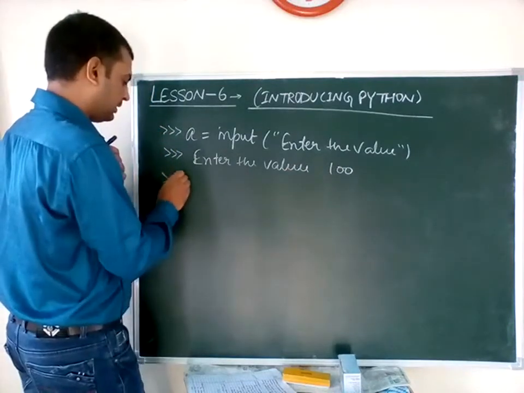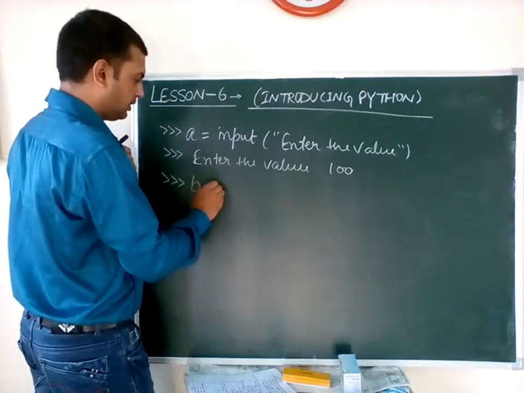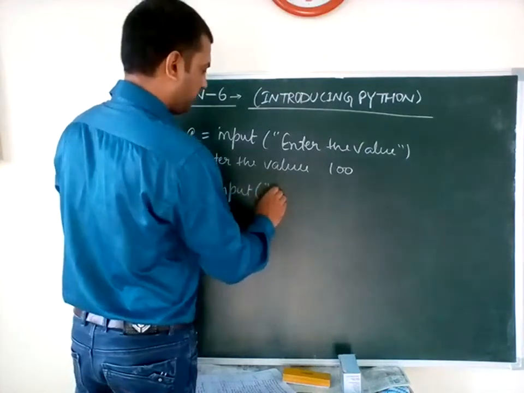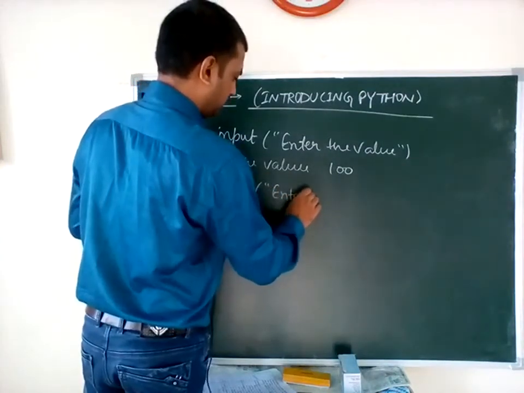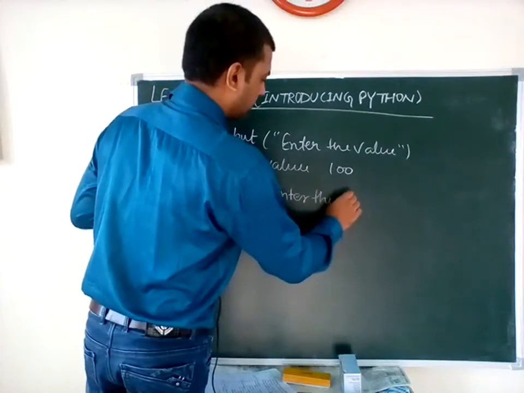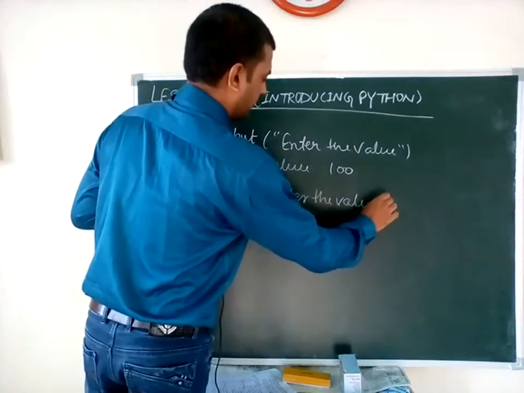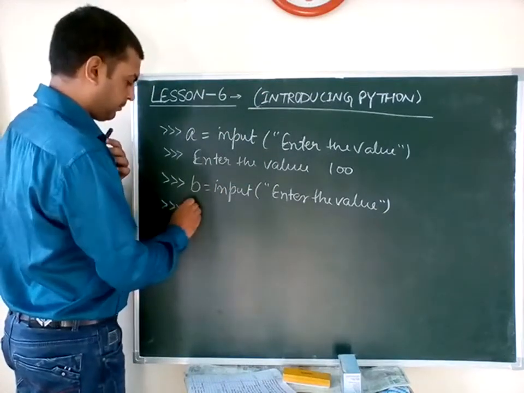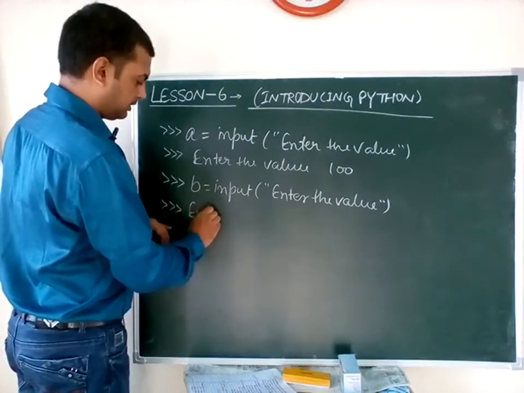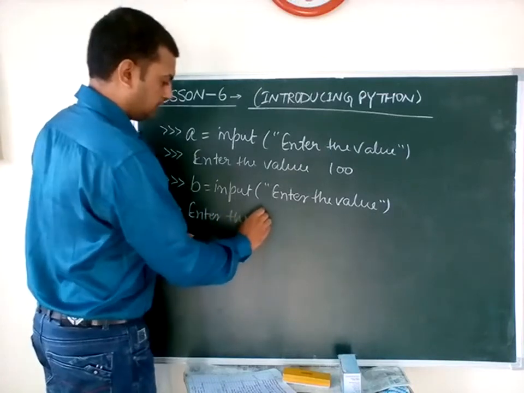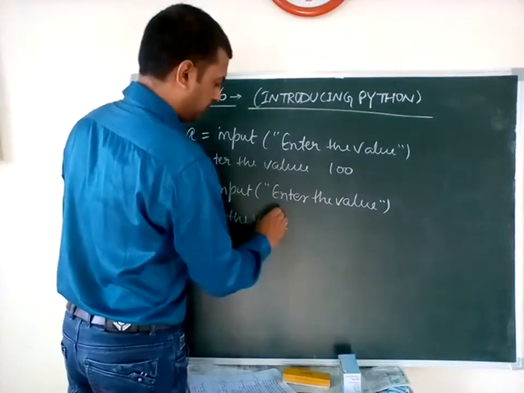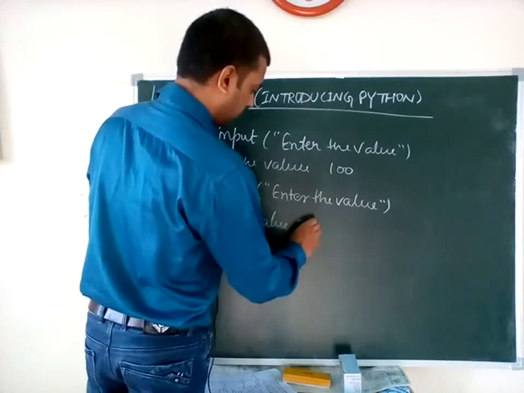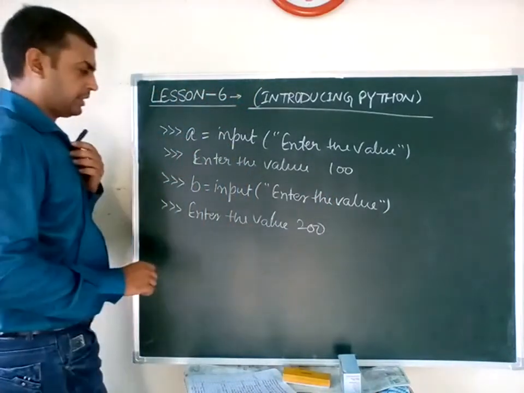Now the next is b is equal to input, enter the value. Again enter the value will be shown to you, and whatever value you give will come here.